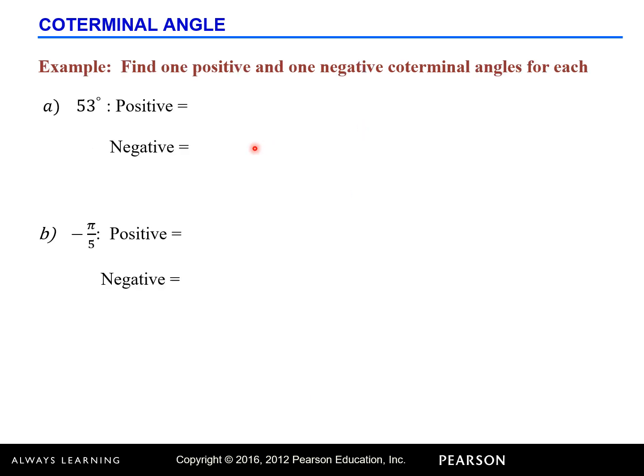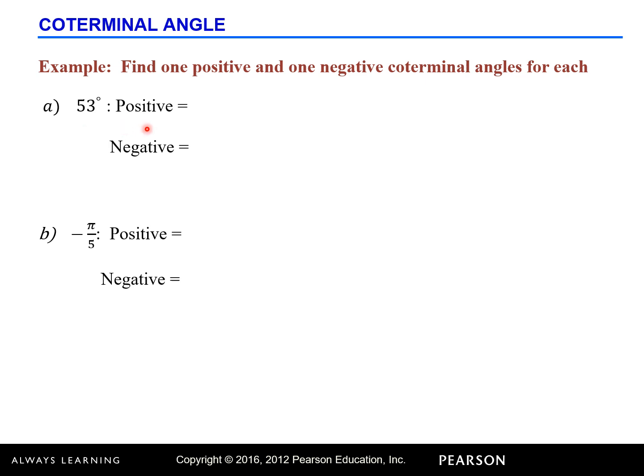Let us find the coterminal angles of these two angles. In this example, we have to find one positive and one negative coterminal angle for each. The first angle is in degrees, which is 53 degrees.